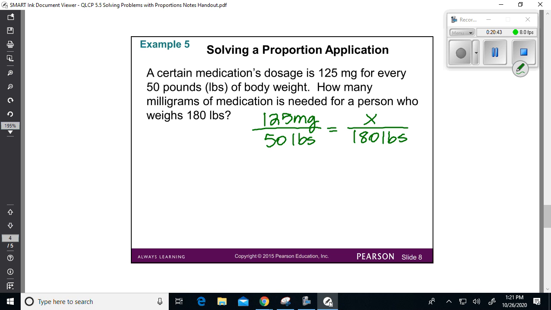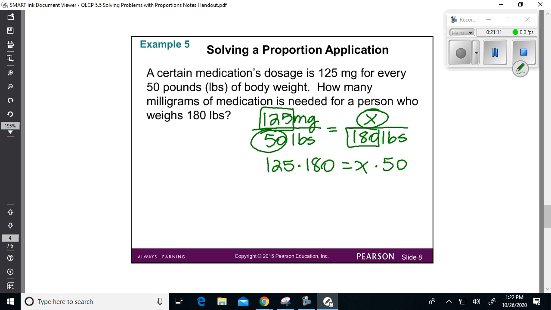So all we have to do now is solve it. 125 goes with 180, and X goes with 50. Alright, let's do some math. What is it?